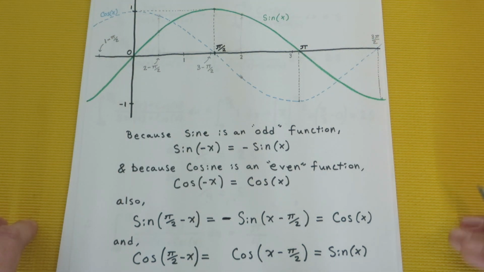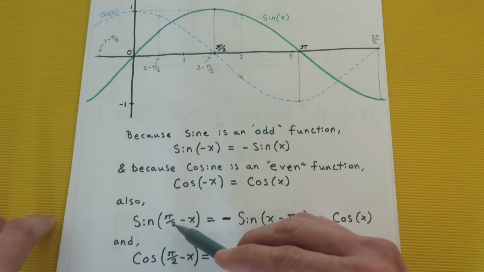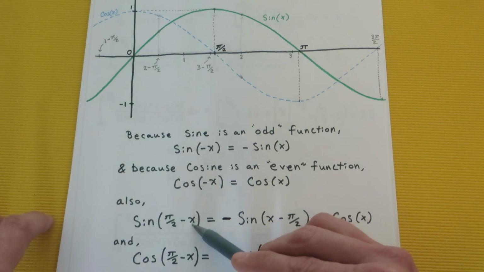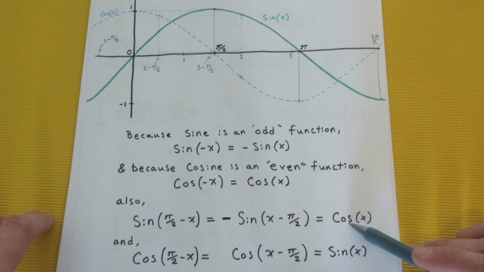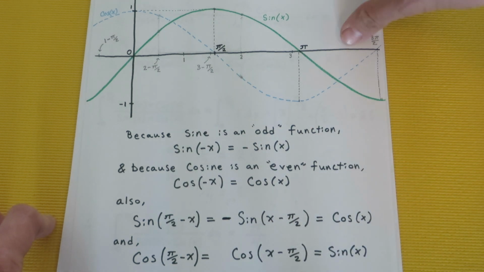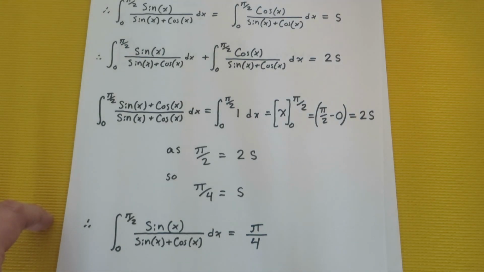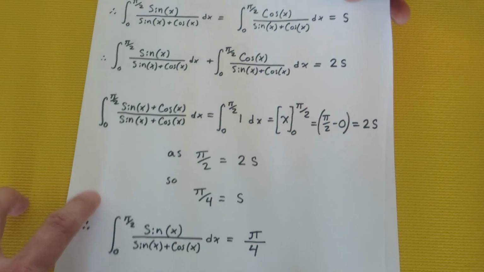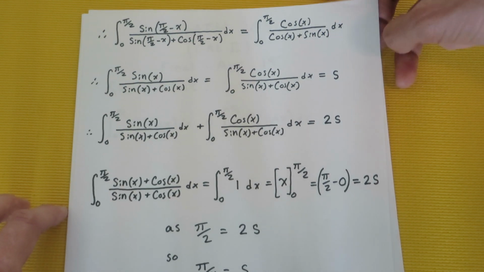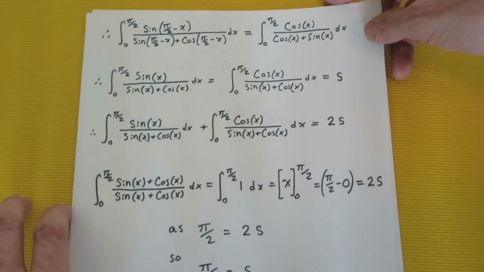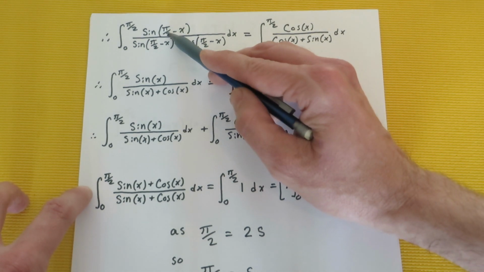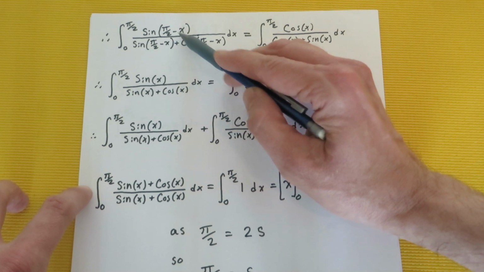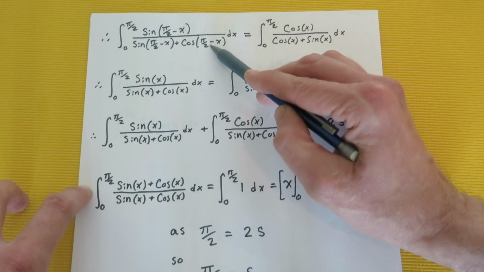So in other words, what we've shown is that when we just plugged pi over 2 minus x into our formula, we actually created an output that's just as simple as what we started with. So here's what we got when we just plugged pi over 2 minus x into our expression.